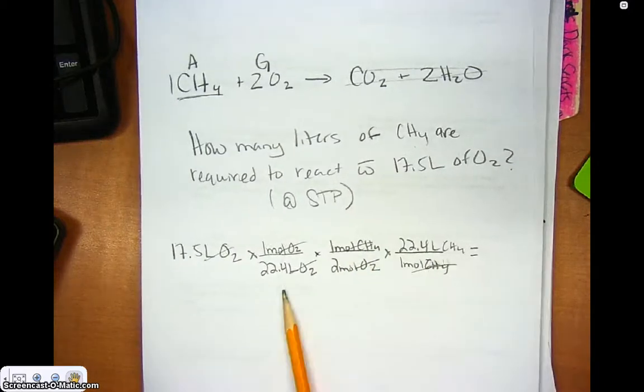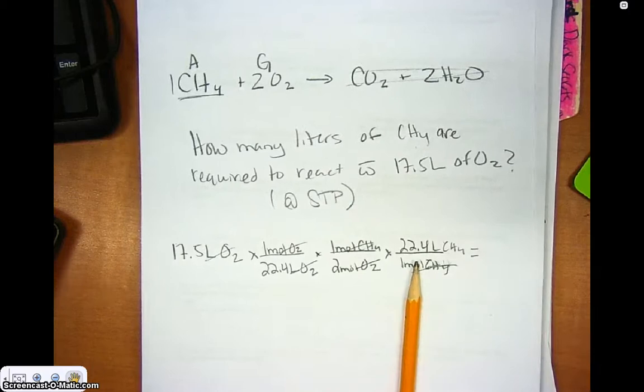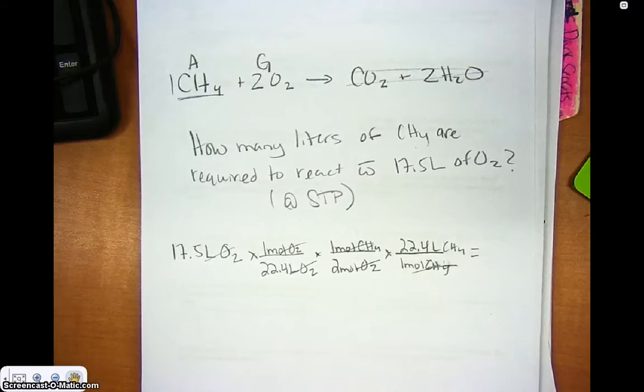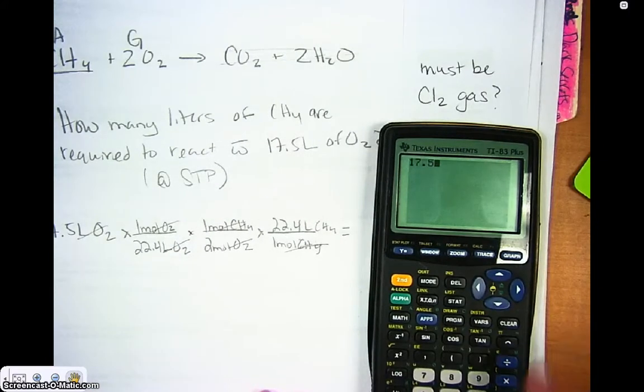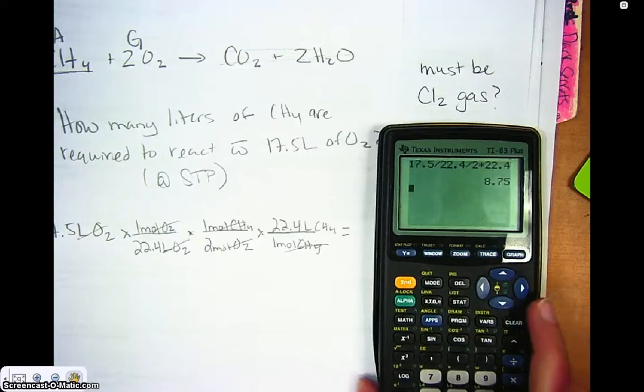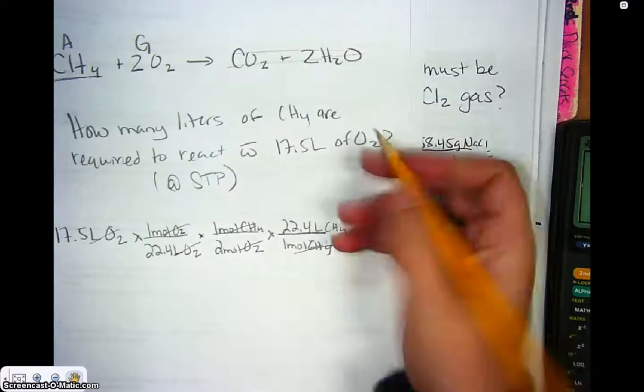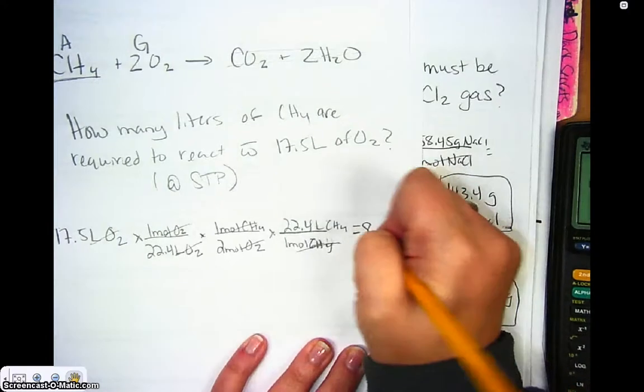Now, if you'll notice, I've got 22.4 on the bottom and 22.4 on the top, so those will actually end up canceling out as well, but let me just punch it in, including them. So 17.5 divided by 22.4 divided by 2, and then multiplied by 22.4, and I get 8.75. So you can cancel those out if you want, or you can punch them in.